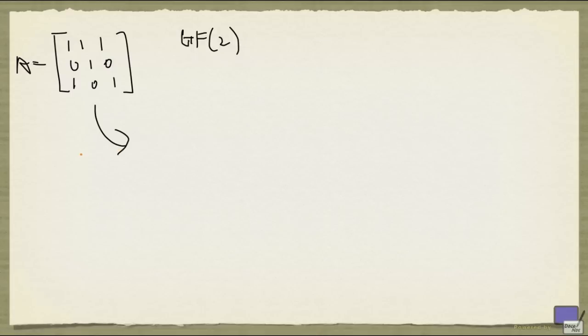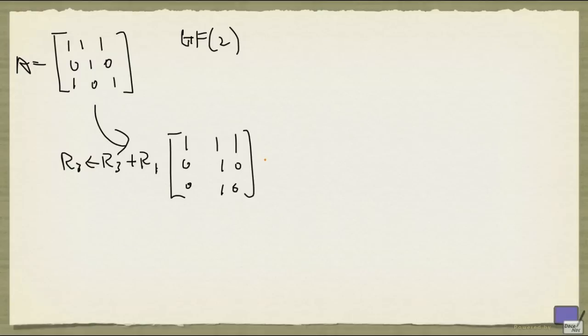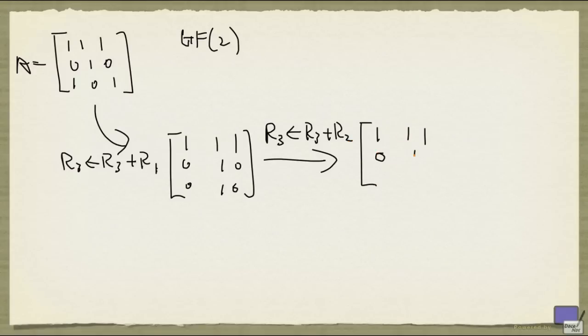What I'm going to do is, the first thing is to replace row 3 with row 3 plus row 1. That will give me 1, 1, 1, 0, 1, 0, and 0, 1, 0. And now I replace row 3 with row 3 plus row 2. I get 1, 1, 1, 0, 1, 0, and 0, 0, 0.